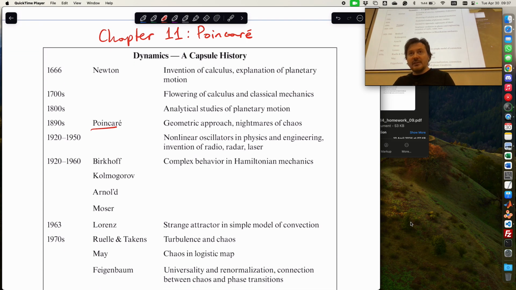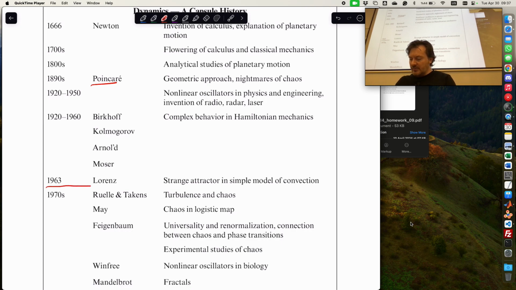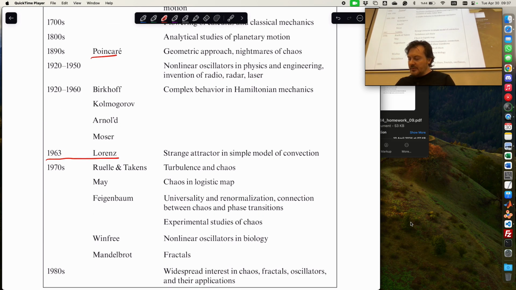Then there is 20s and 60s, Birkhoff, Kolmogorov, Arnold, Moser, and complex behavior in Hamiltonian dynamics. And then there is strange attractor, Lorentz, the next chapter. Okay. And then there is turbulence and chaos in logistic map.